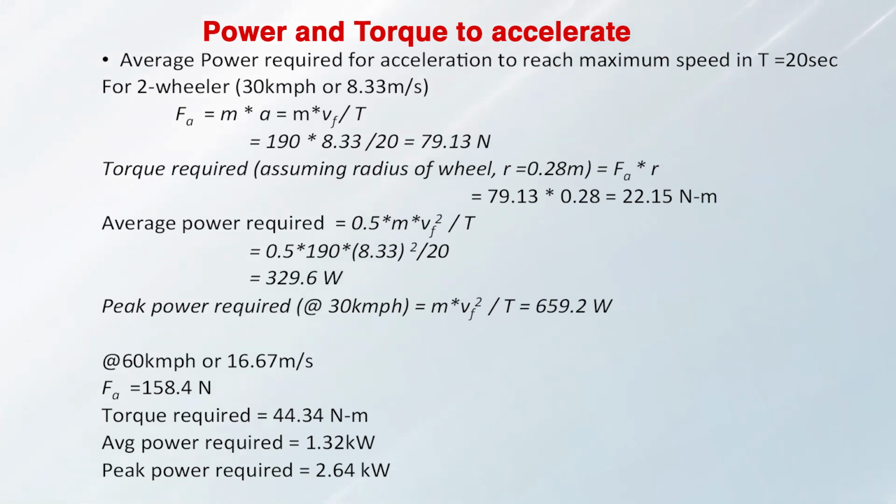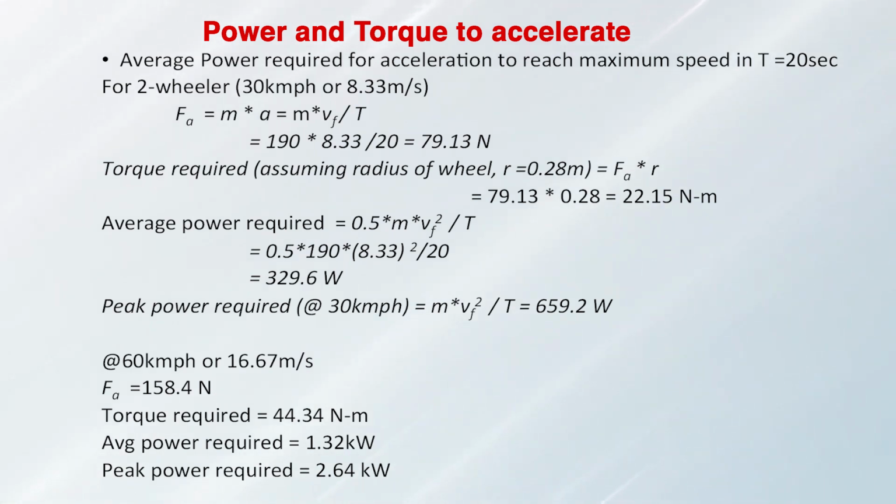Again, let us calculate the same to reach 60 kilometers per hour in 20 seconds. If we wanted to reach 30 kilometers per hour maximum speed in 20 seconds, the peak power required is around 650 or 660 watt, and the average power is only 330 watt.